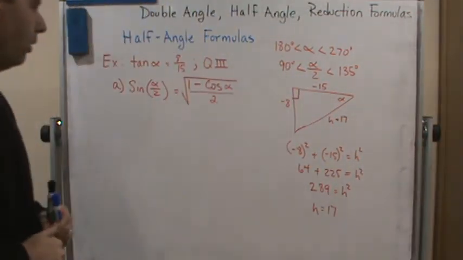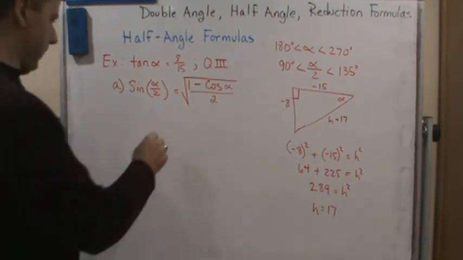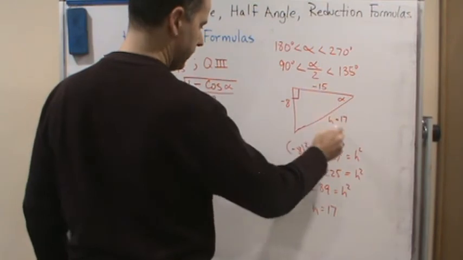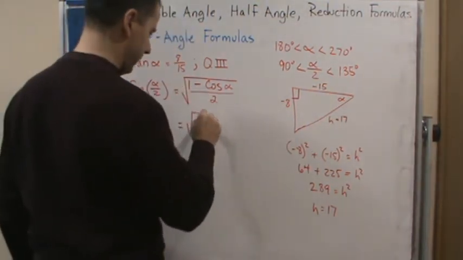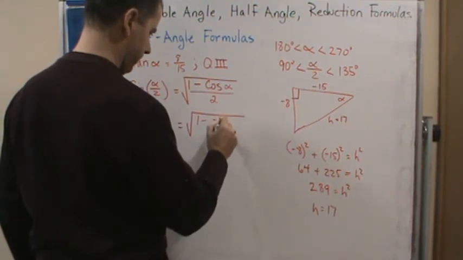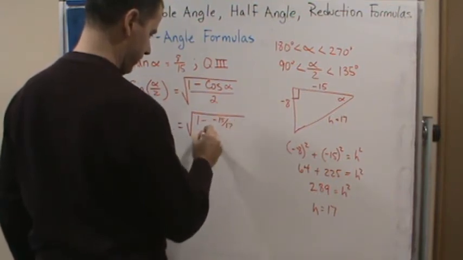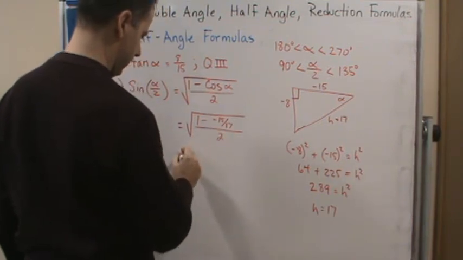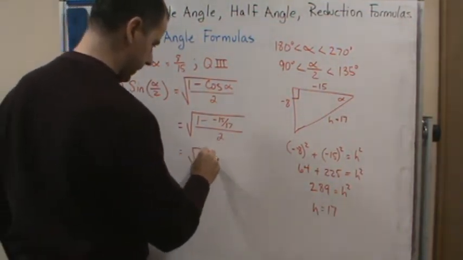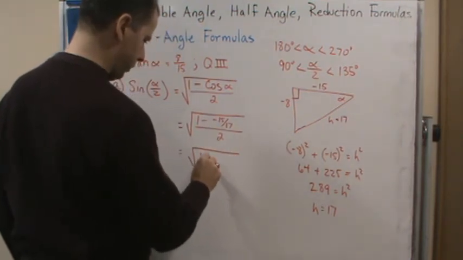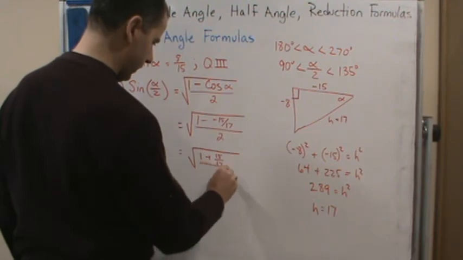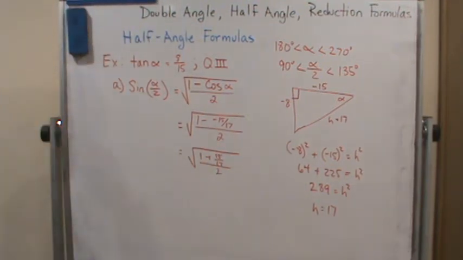Now we know all of the values. Cosine of alpha is negative 15 over 17, so we put that in. We simplify this to 1 plus 15 over 17, divided by 2.